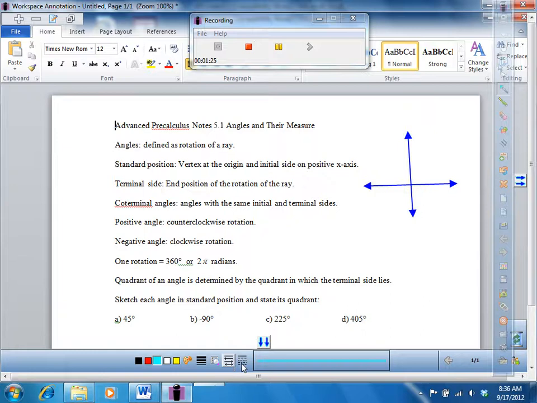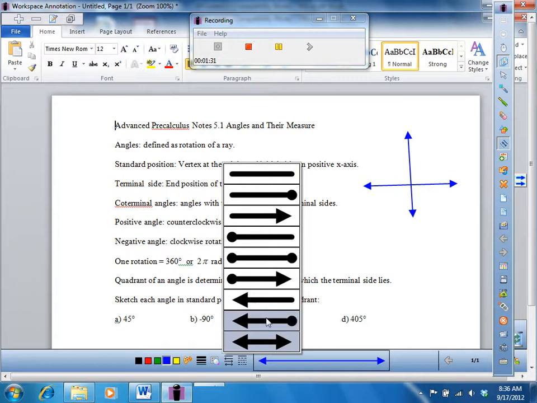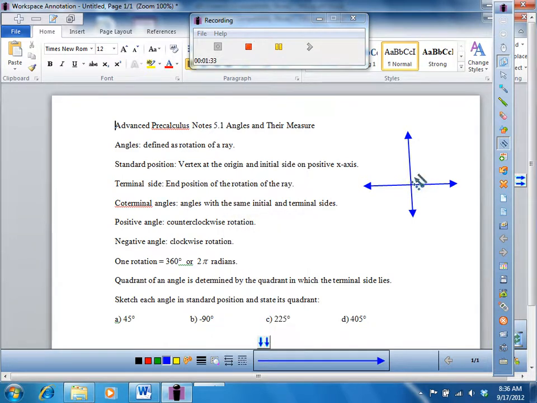And so here is a ray. There's a ray. Okay? So an angle is defined as the rotation from here to here. Okay? And so when we're talking about the unit circle and the trigonometry that we're going to be talking about.